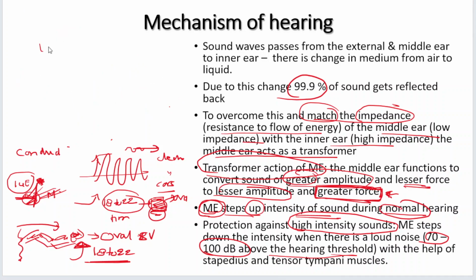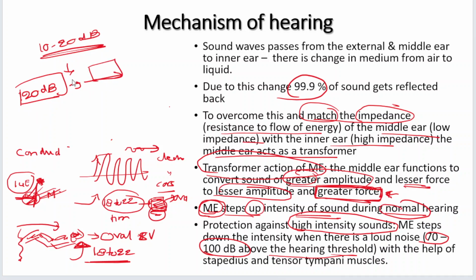But you have a bomb blast, where the sound is coming at around 120 decibels. If this sound is just transmitted by the middle ear, again increasing its force, imagine what is going to happen to the inner ear fluids. The whole inner ear will get blasted.